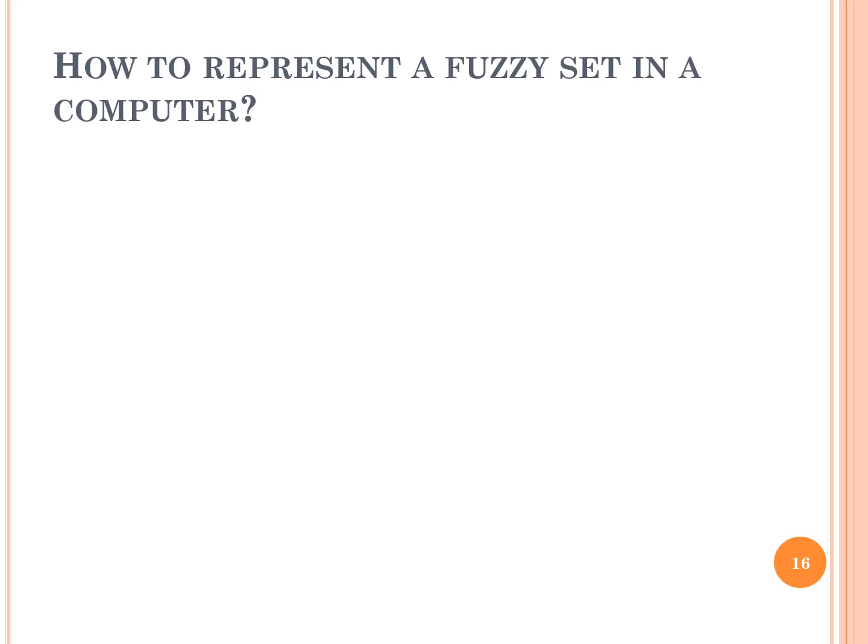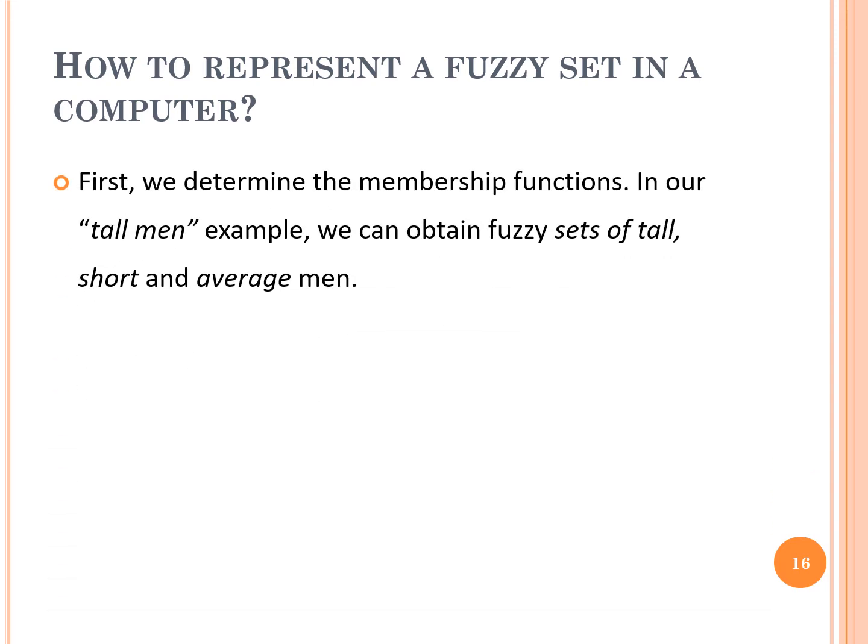Now we continue with how we are going to represent this fuzzy set in the computer. First we need to determine the membership function. In our example, we use a tall man. We can obtain fuzzy sets of tall, short, and average man.